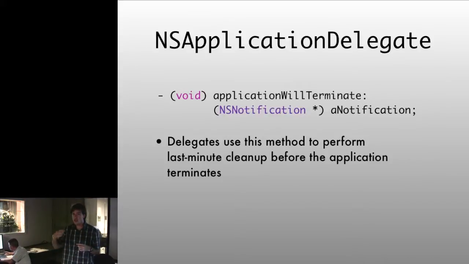If you have some set user preferences you want to save, you can save those out to disk, and we'll talk in a few weeks about what you can do to save user preferences. I think Apple keeps making it easier and easier with applications, especially with Lion, having sort of transparent application state, much like on iOS. But there's some stuff you can do to make sure that you save your application state before you quit.